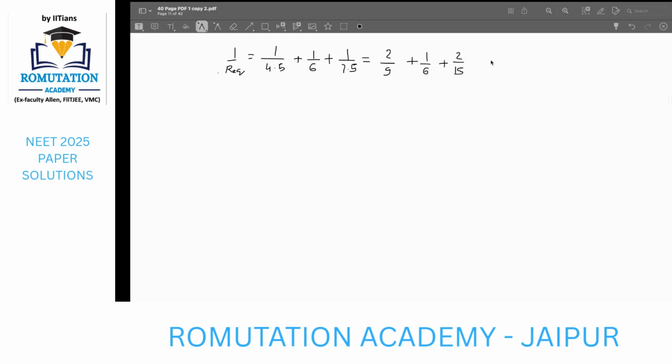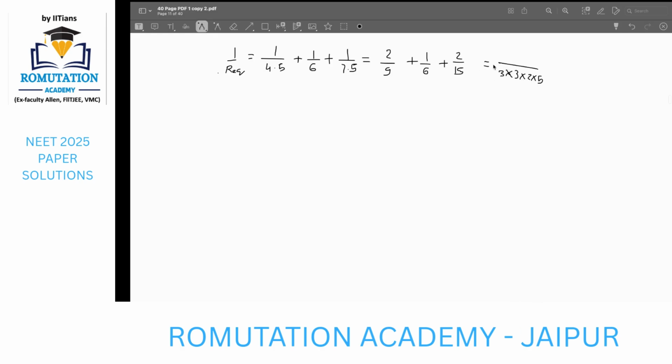If I try to take the LCM of this, the LCM should be 3 and 2 coming from this, 3 and 5 coming from this, and 3 and 3 coming from this. So 3 into 3 into 2 into 5 should be the LCM, because at least that much power will be required. So 9 into 2 is 18, 18 into 5 is 90. 90 is the minimum common multiple of these.